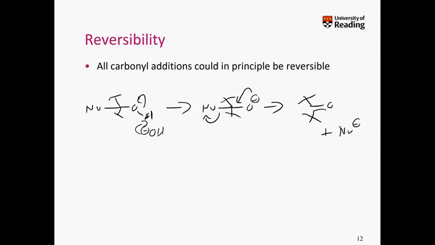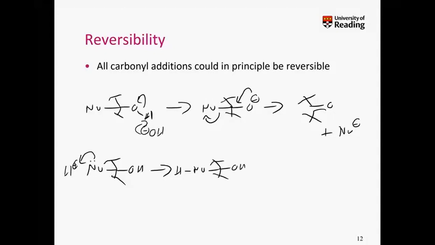Of course, the other thing we could do is go the other way, in which the nucleophile can be protonated. So we could protonate our nucleophile, which is just the reverse of what we did at the end of that reaction.